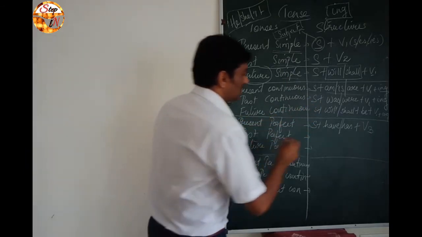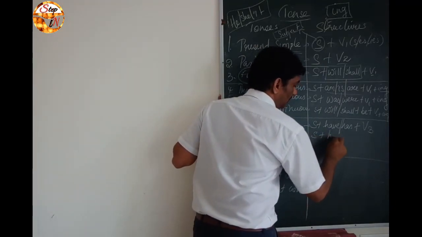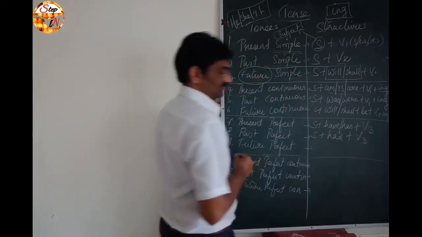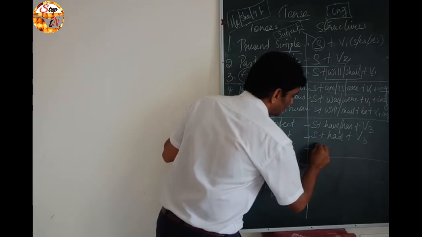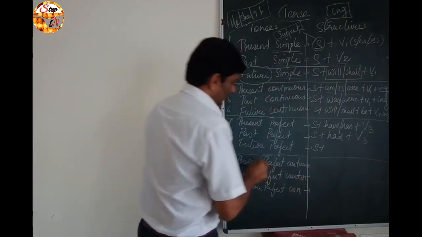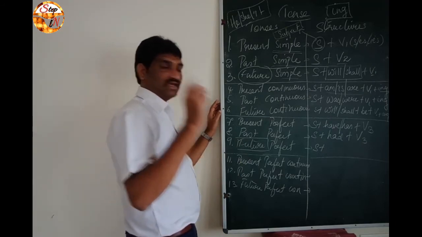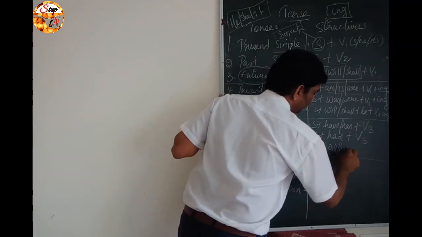The next thing is past perfect. It is also going to be very simple. Subject plus had to indicate it is past perfect, then verb 3. It is a very simple structure. Then the future perfect tense: we have subject and again the word future. So what should we remember? Yes, will or shall must be there.